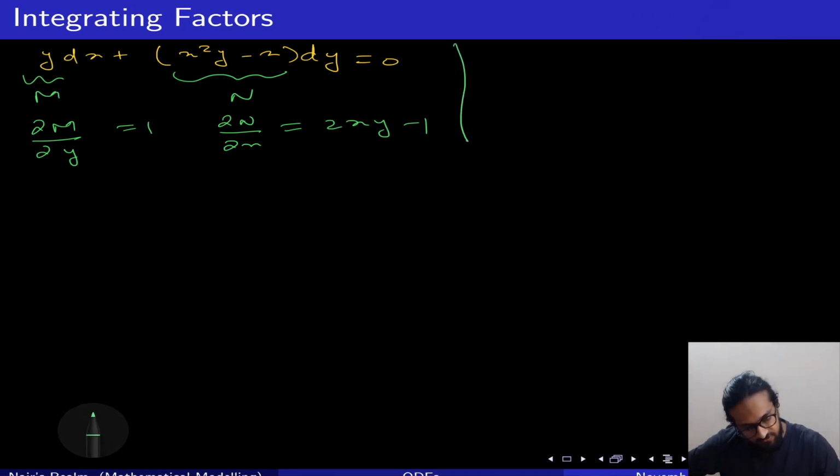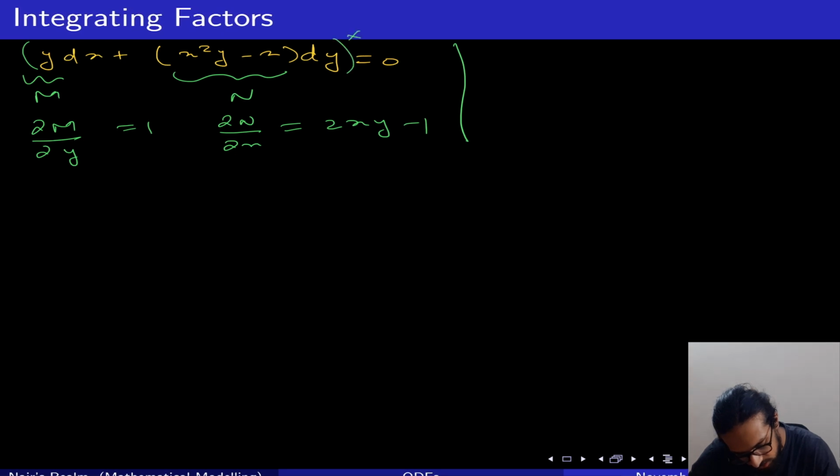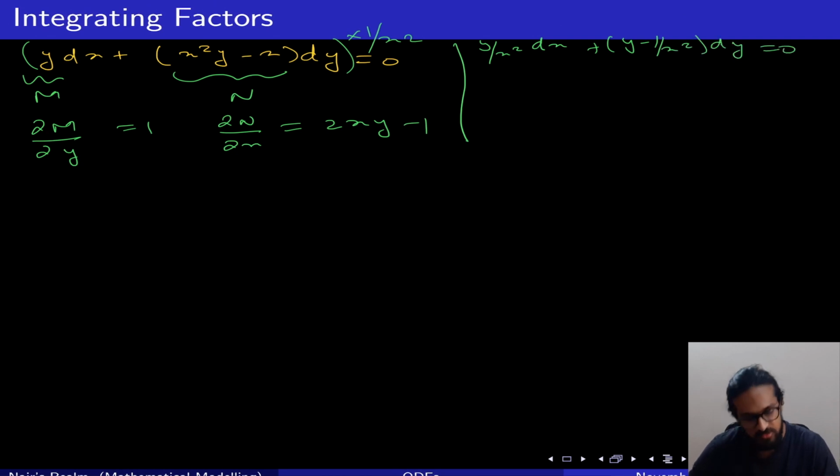But if I were to multiply the entire differential equation by 1 by x square, what I get is y by x square dx plus (y minus 1 by x) dy is equal to 0.